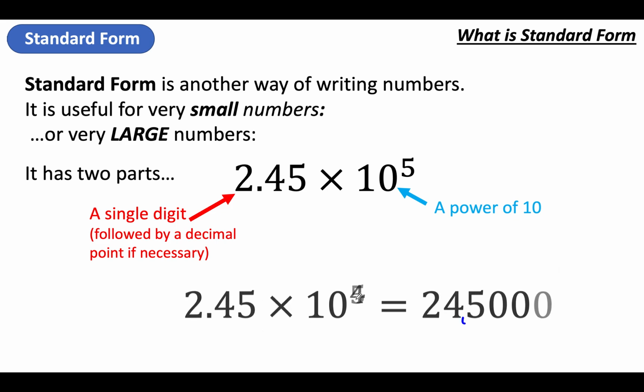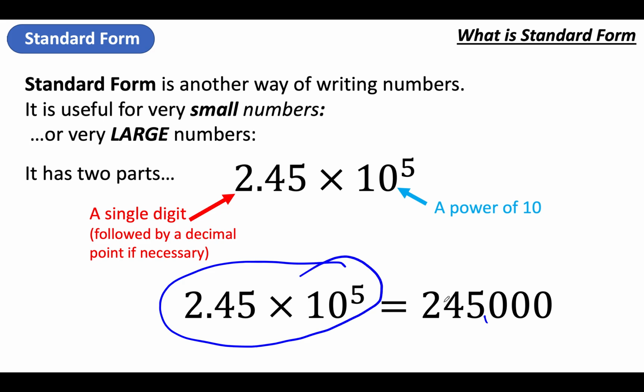And then if I do it one more time, I get 2.45 times 10 to the power of 5. I've timesed it by 10 5 times, and on the right-hand side I've written that out, and it's now 245,000. So this standard form number here is really 245,000. It's just a much neater way of writing it.